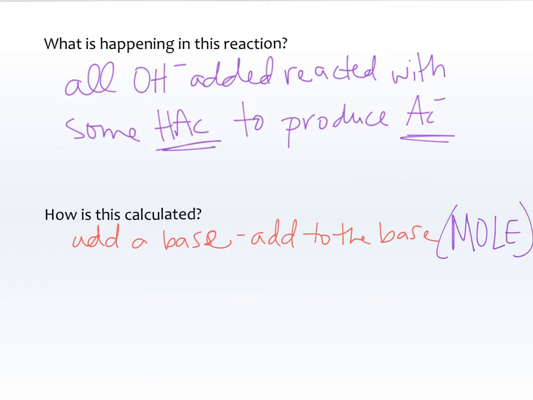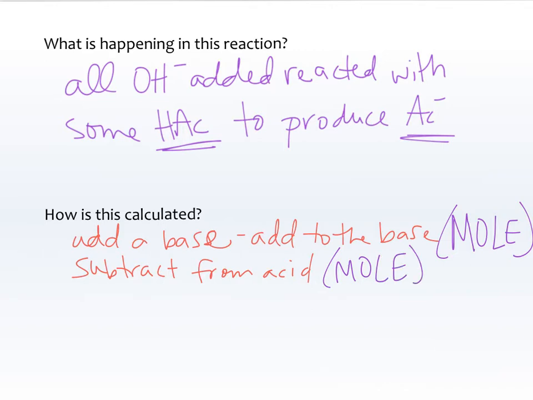So we'll take the moles of base added to the moles and subtract from the acid. But make sure it is the moles. You're subtracting the moles of base from the moles of acid, and then divide by total volume to get molarity.